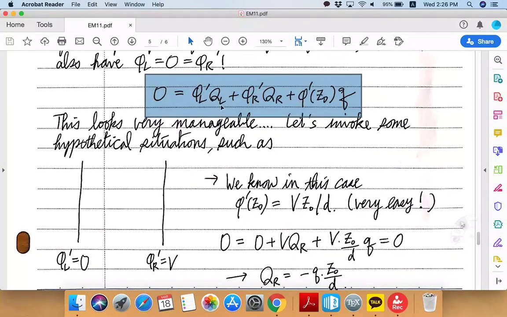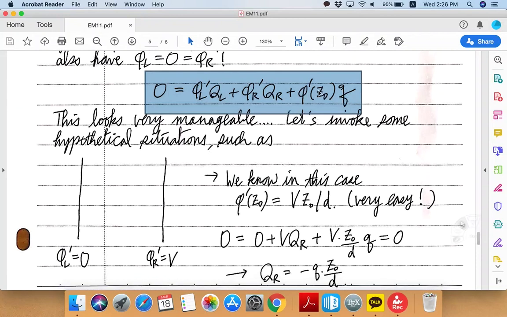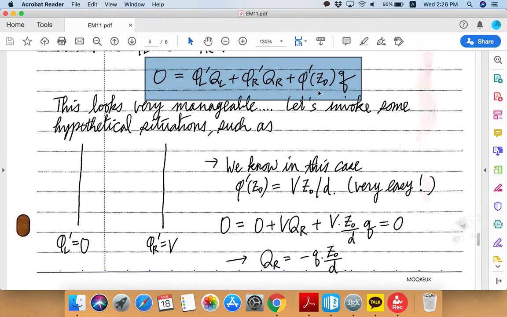Okay, so this is a product of some actual charges, QL, QR, and little q, and some hypothetical potentials, phi L prime, phi R prime, and phi Z0 prime. Now it's time for us to finally choose a concrete hypothetical situation.